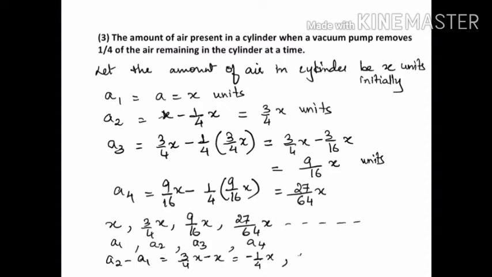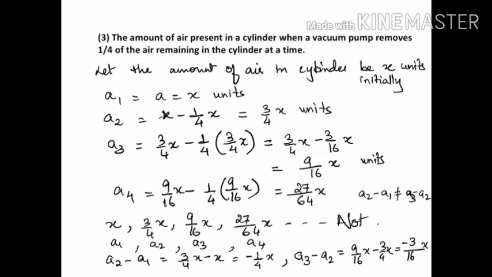On finding A3 minus A2, we get 9/16 x minus 3/4 x, which is equal to minus 3/16 x. So we can clearly see that A2 minus A1 is not equal to A3 minus A2. Therefore, this list of numbers is not an AP.